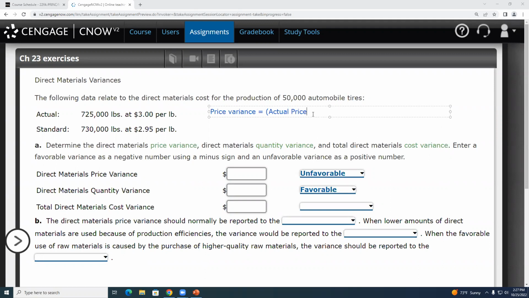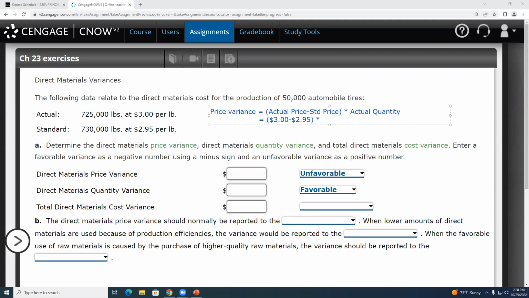Actual price minus standard price times actual quantity. And so the actual price was $3. The standard price was $2.95.